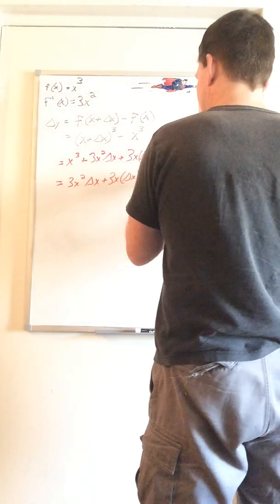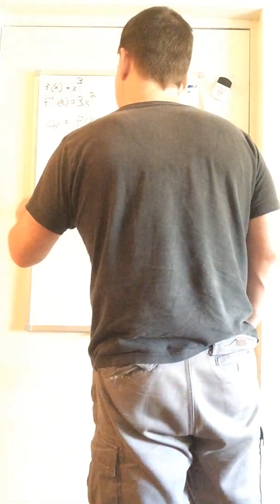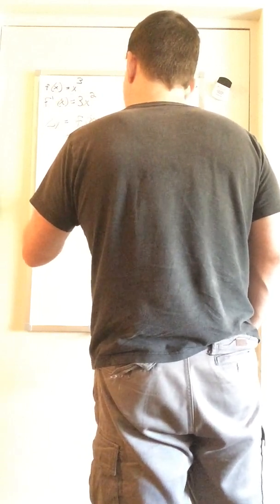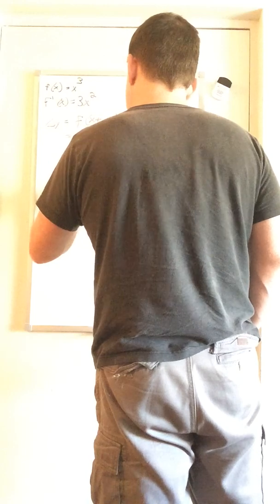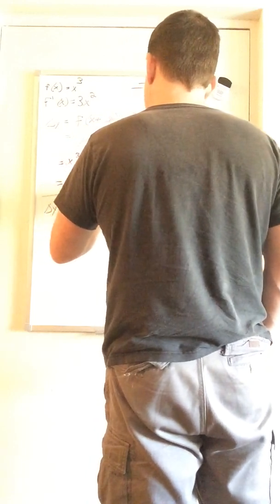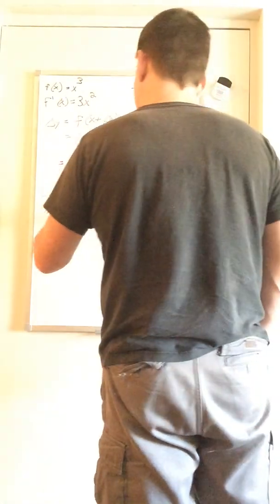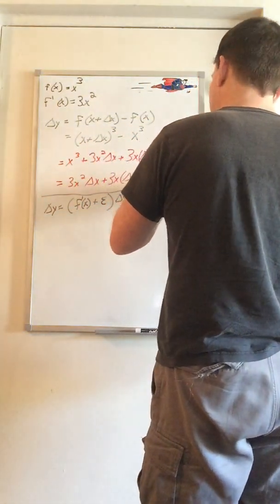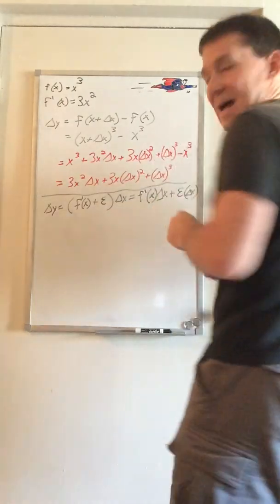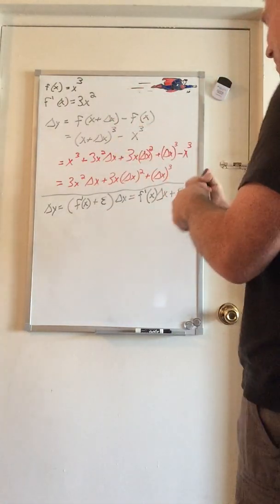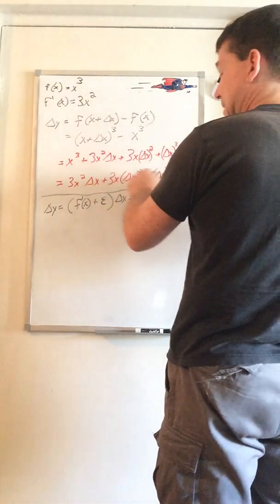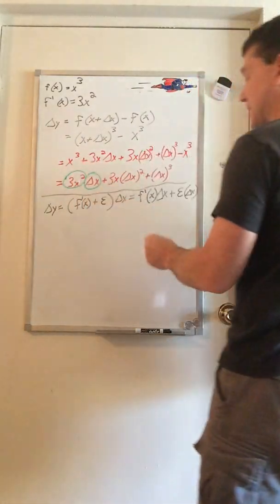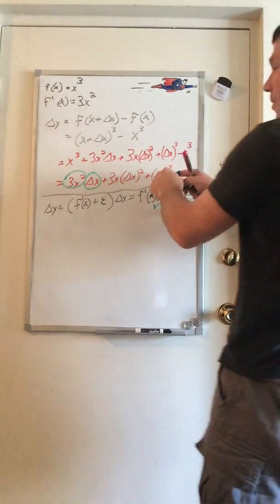Now again, we want to compare this to delta y, which is equal to f prime of x plus epsilon delta x, which is f prime of x delta x plus epsilon delta x. I have a minute and a half, should be able to do this. But again, I see right here, there's my f prime of x delta x, so I've got that part accounted for.